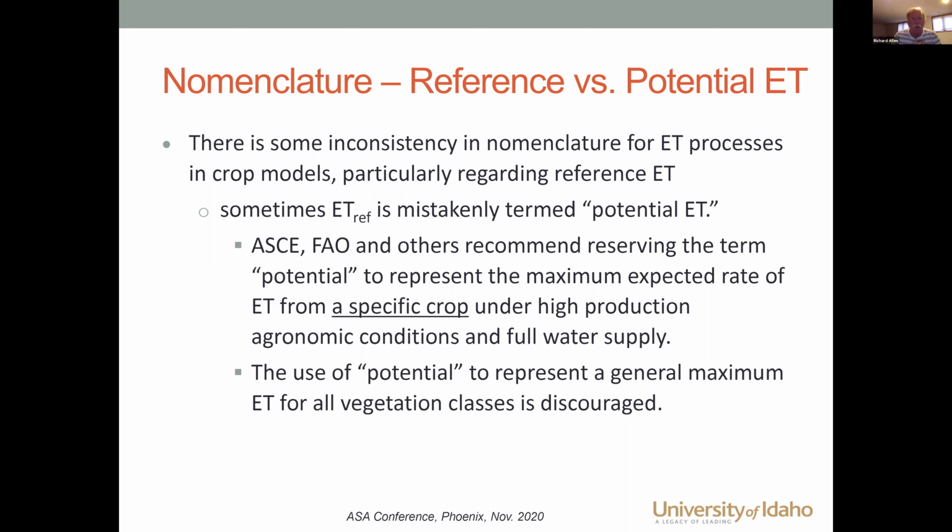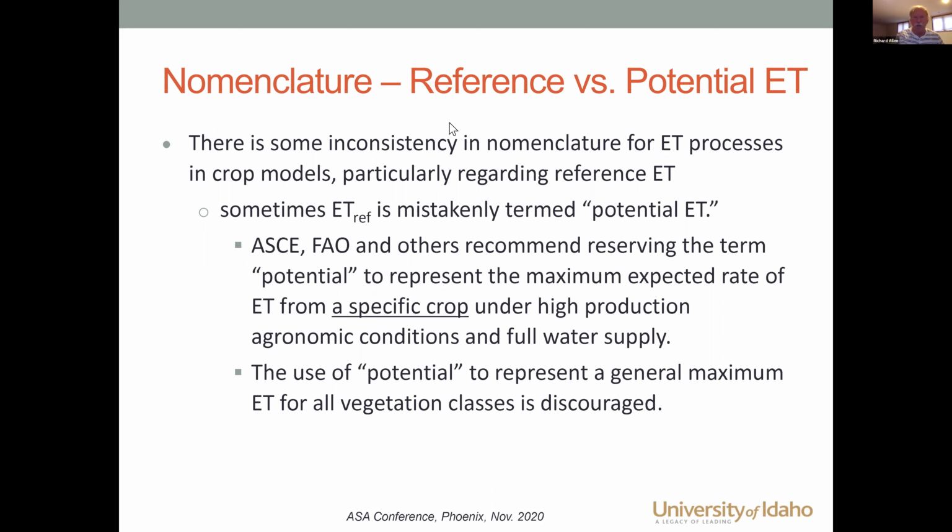But FAO and ASCE and other groups recommend that the term potential be reserved to represent only the ET that is expected from any type of crop surface under well-watered conditions.